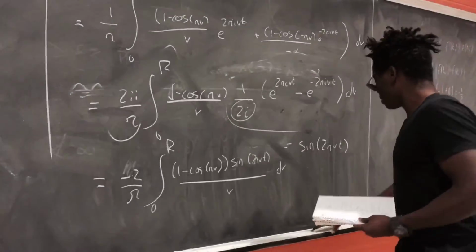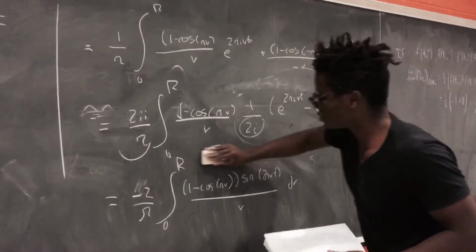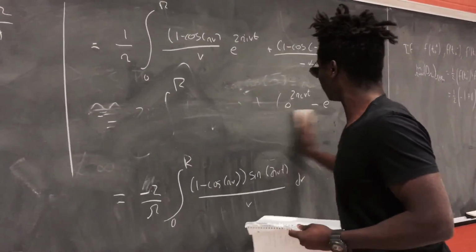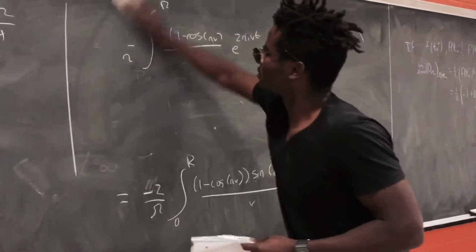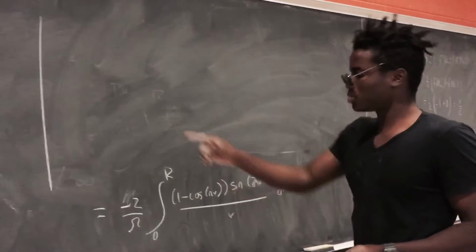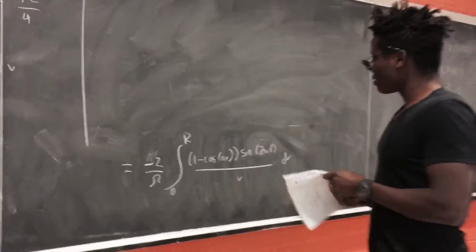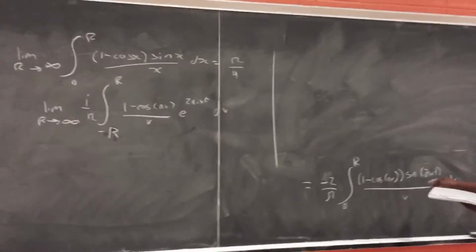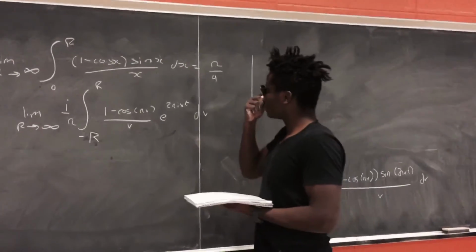Okay? I'll just erase this so you have a better view of what we just did. See, now we're getting somewhere, right? It kind of almost looks like this, but we have a 2 pi vt here and just an x here.